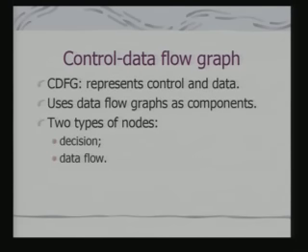So, a task element would be naturally modeled by a control data flow graph. There are two types of nodes in a control data flow graph. One is a decision node, the other is a data flow node. Data flow nodes are nothing but your data flow graphs being represented as a block.